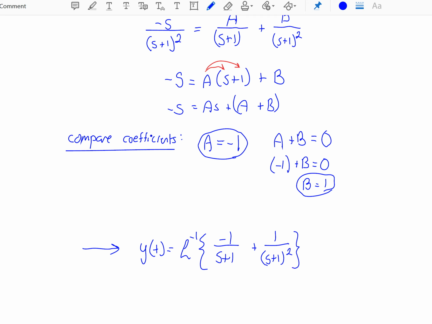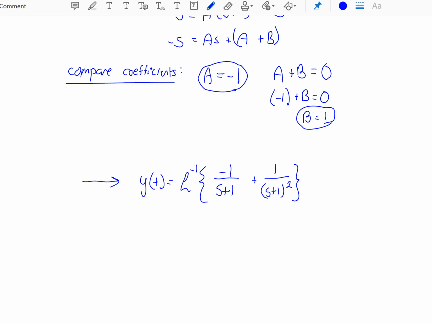And since the inverse Laplace transform preserves vector addition and scalar multiplication, we can write this as negative 1 times the inverse Laplace of 1 over s plus 1 plus the inverse Laplace of 1 over s plus 1 squared.